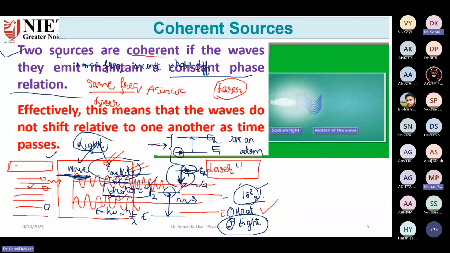Phosphorus, quartz, etc. Like in a sodium lamp, it is the sodium atoms. Mercury vapor lamp, all those atoms I'm talking about.